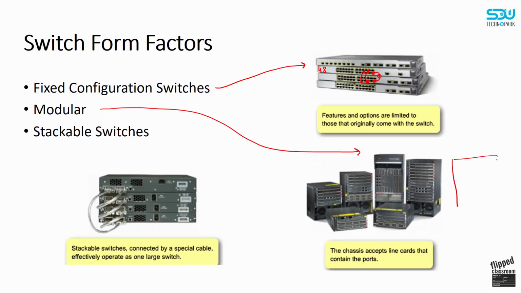Whereas modular switches consist of the chassis, the box in which we have the motherboard, and when you buy the box with the motherboard, inside it you have nothing, because these are just empty slots for the modules. If you have your first 48 users, then you can connect a new module here, and the other slots will be empty. If your organization is scaling and you have more users, then you can place a new module.